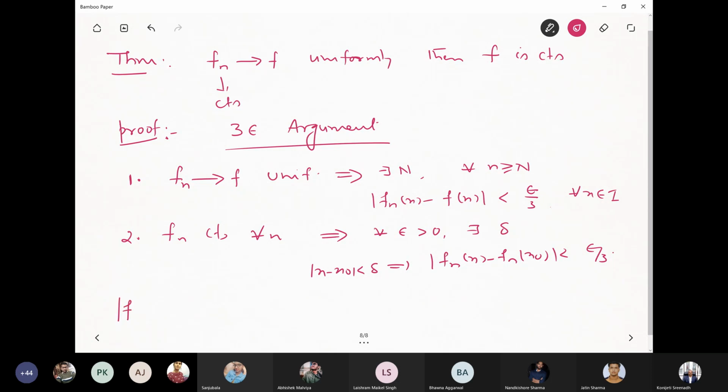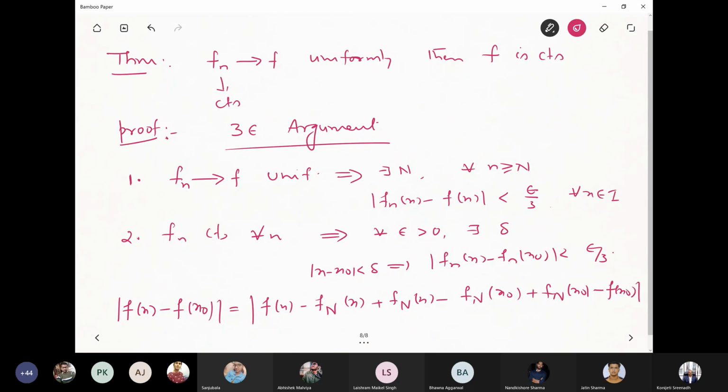Once I want to show that f is a continuous function at a point x0, we estimate f(x) minus f(x0). So you write f(x) minus fn(x), plus fn(x) minus fn(x0), plus fn(x0) minus f(x0).